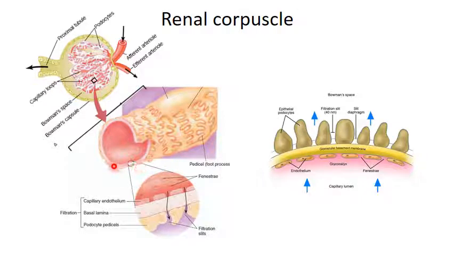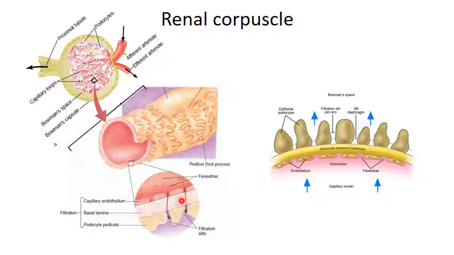This diagram is also showing the cross section of a glomerular capillary. These capillaries are highly fenestrated capillaries. Fenestrated means they have a large number of pores across their cells. This is the innermost layer of the capillary, which is the capillary endothelial lining.